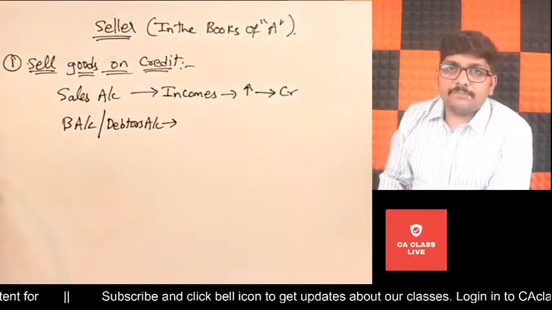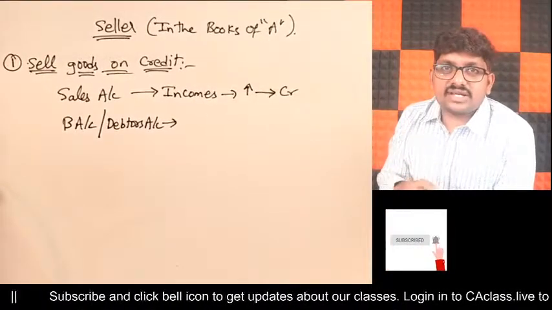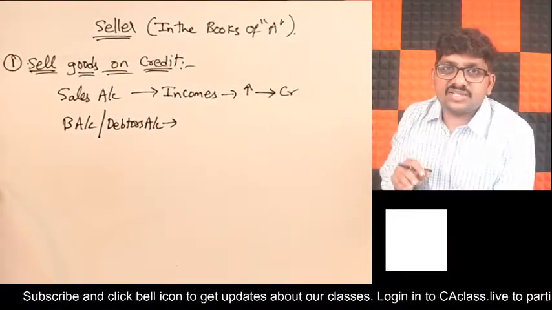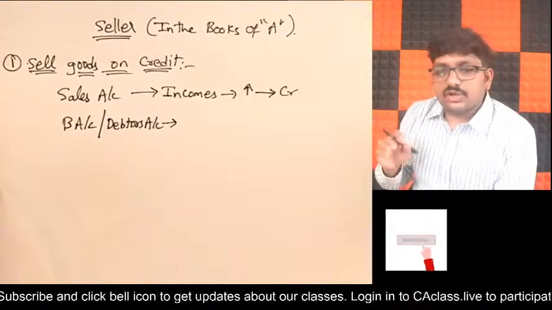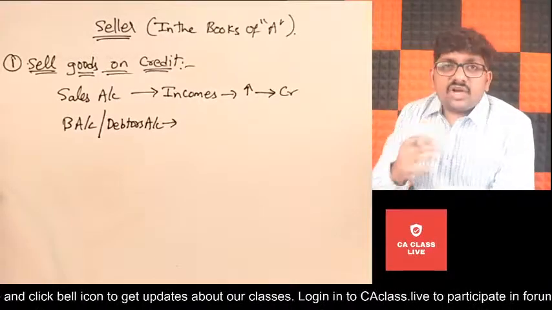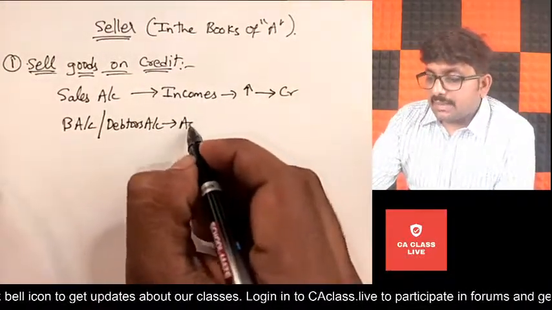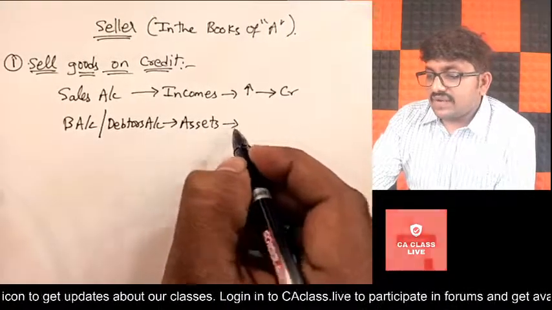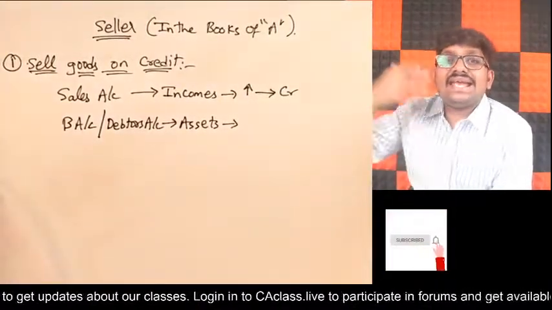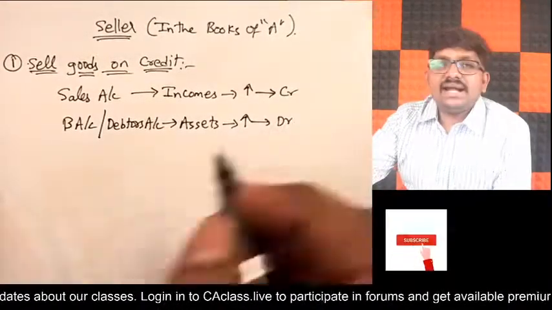Now he is your right, but you cannot go and sit at his home saying you are my right, his wife or husband will kill you. It is the right to take the money. Whenever you have the right to take the money, obviously you call it a part of your assets. So whenever you sell the goods, your rights will increase. Whenever assets increase, what should you do, friends? Debit.